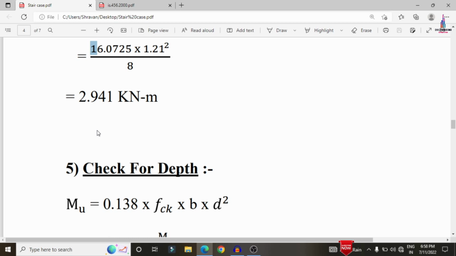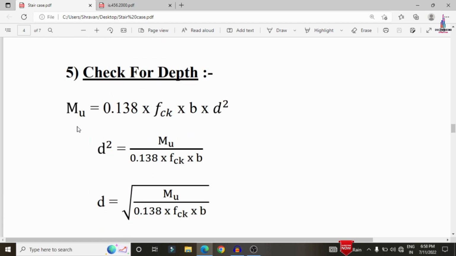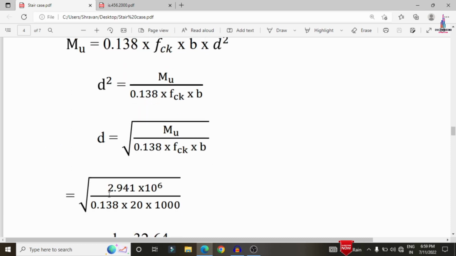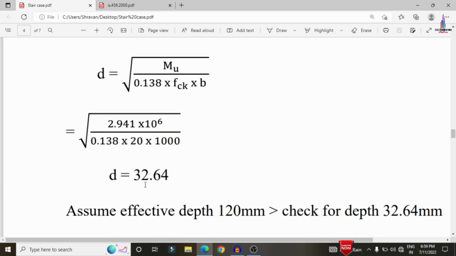After calculating the bending moment value, we need to check for the depth. For calculating the depth, we have the formula M equals 0.138 into sigma ck into b into d square. If you modify this formula, we get the depth d equals square root of Mu by 0.138 into sigma ck into b. Substituting the bending moment value, we get 2.941 into 10 power 6 divided by 0.138 into sigma ck, which is 20, and b is 1000, so that we get the depth as 32.64 mm.